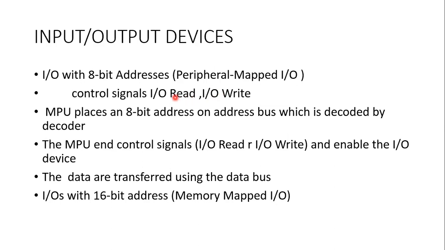These are the two signals used by the MPU for peripheral I/O: I/O read, when this signal is low, is used to read from the I/O device, and I/O write, when this signal is low, is used to write to the output device.